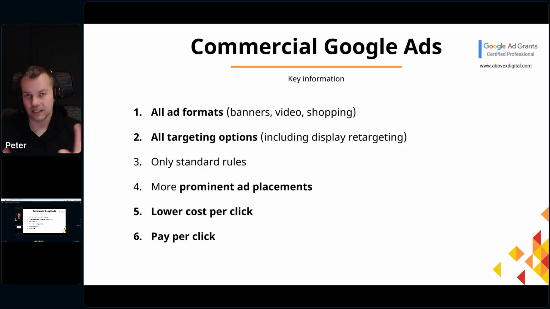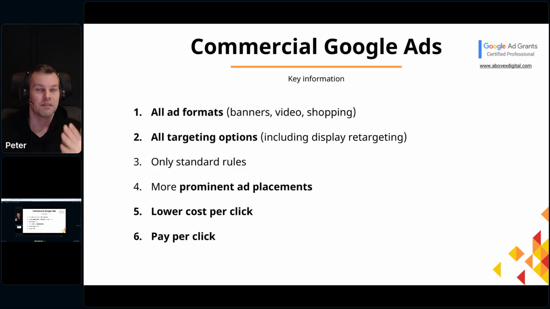The interface looks exactly the same. Obviously, the big difference is that the very first step is to enter a payment method, which could be a credit card, it could be an invoice, whatever that is. But obviously, because it's a commercial product, you need to pay Google every time somebody clicks on your ad. All formats are allowed, so you can choose what kind of campaign you want to run.